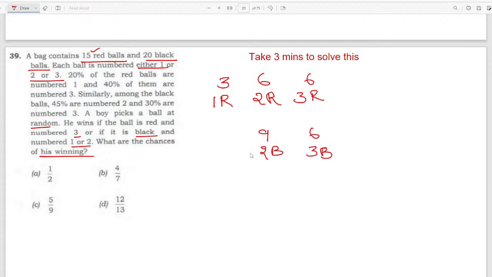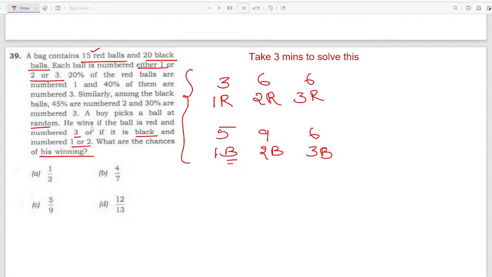So this is 6. And then 45 plus 30 is 75, so 25% is numbered 1 in black balls. 9 plus 6 is 15. There are 20 balls, so 5 would be numbered 1, but they are black. So this is the composition of the balls in this bag.